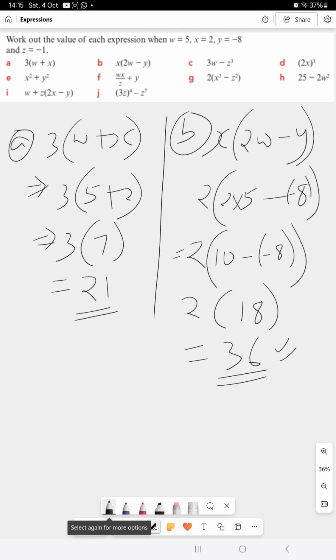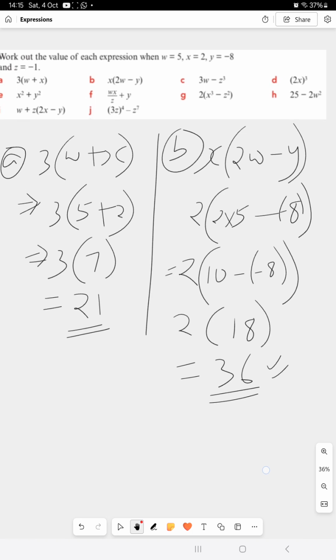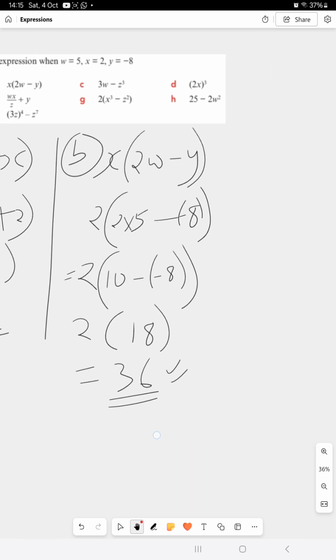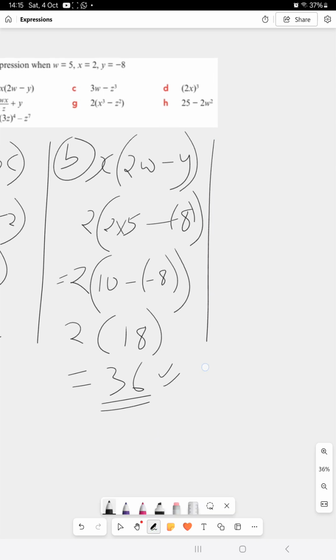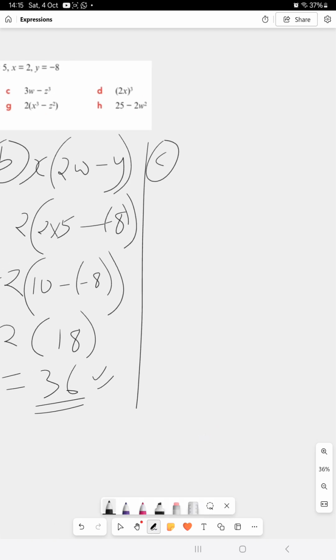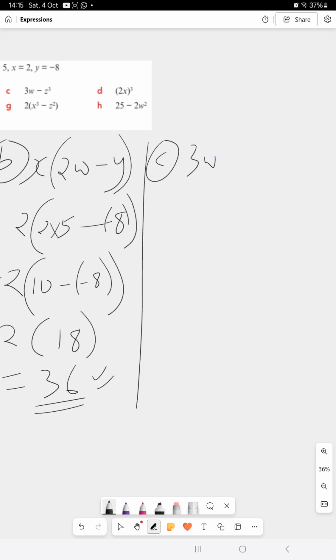Let's go to C very fast. We are given C is 3W minus Z cubed. Very important. Again, W is 5, so it is 3 multiplied by 5 minus, what is Z?